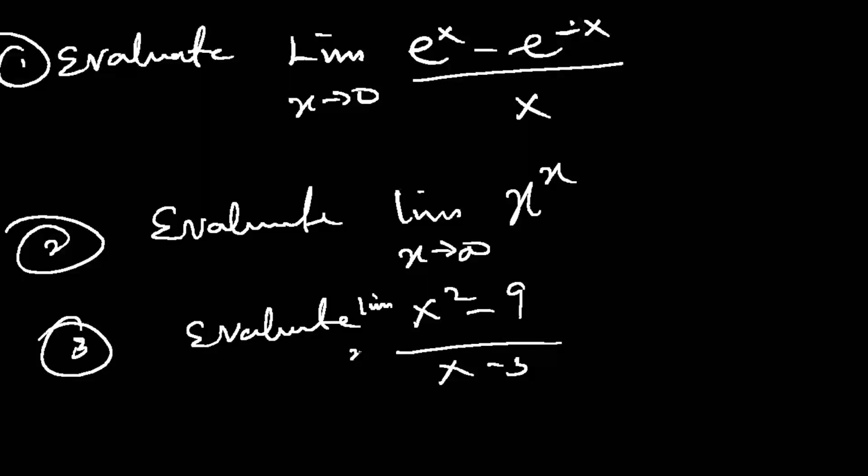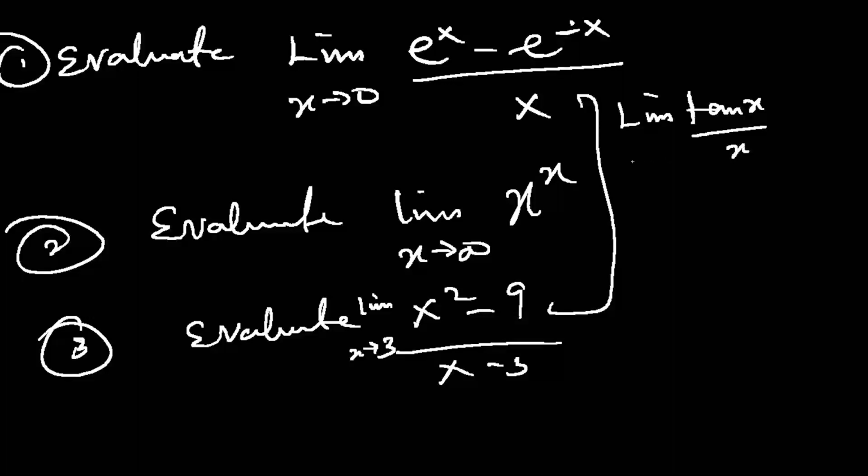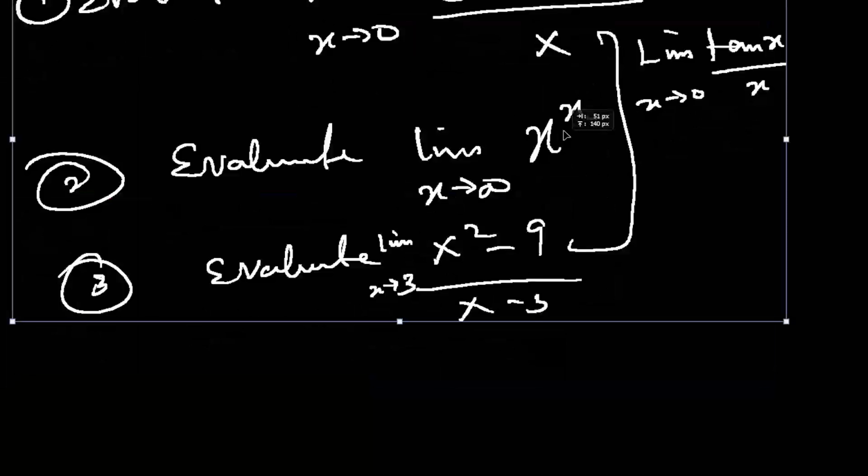So the limit as x approaches 3. Yeah. So I have more to give you guys. Okay, try this. What will be the result of this? The limit of tan x all over x as x tends to 0. So what will be the result of that? And you can as well try this.